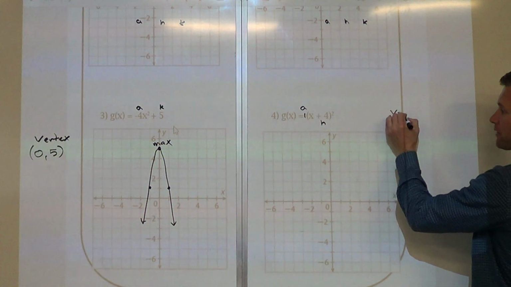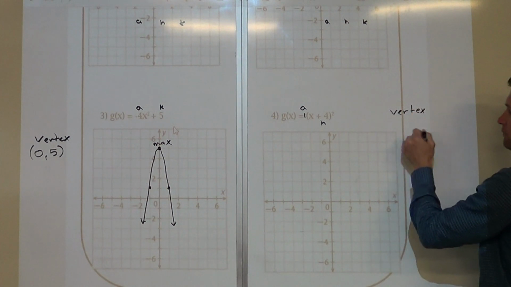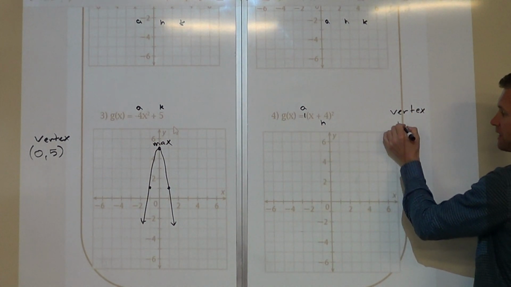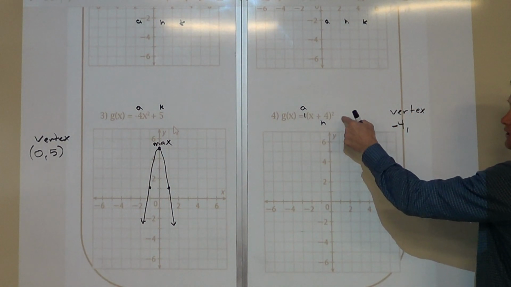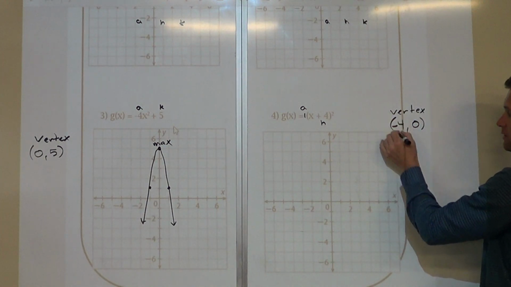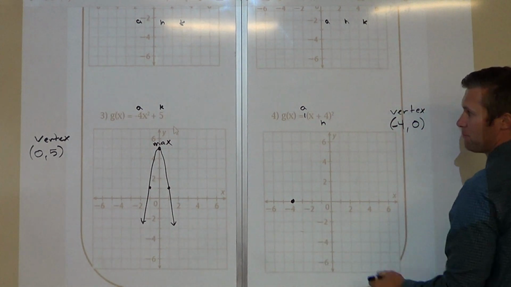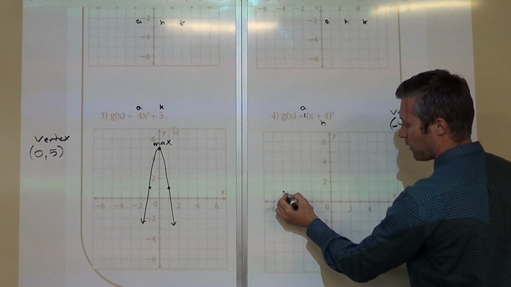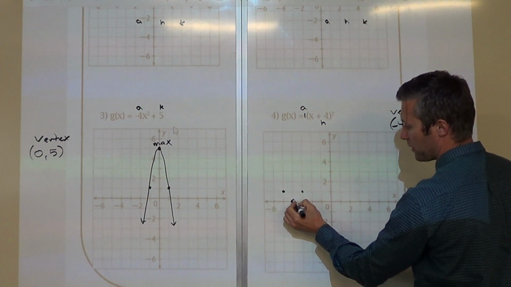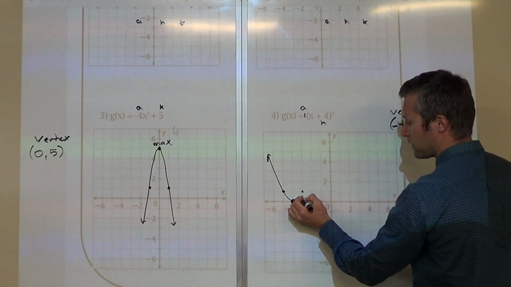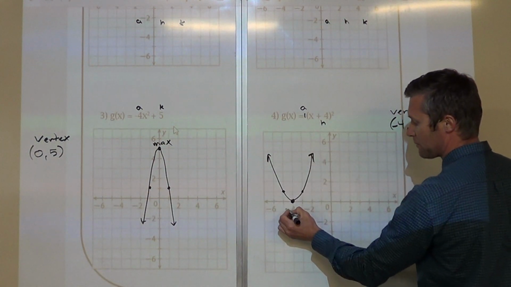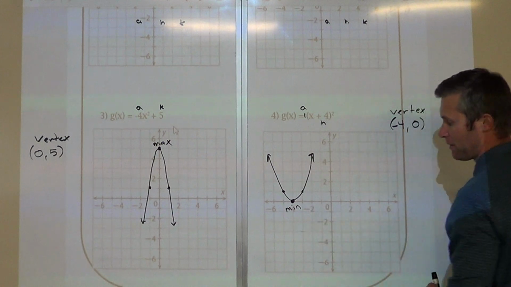So when I go to my vertex, my h value is here. It's opposite the sign, so it's negative 4. There is no k value, so that's 0. So I graph negative 4, 0. My a value is 1, so from there I go up 1 over 1, up 1 over 1. Graph opens up, so this makes this a minimum value.